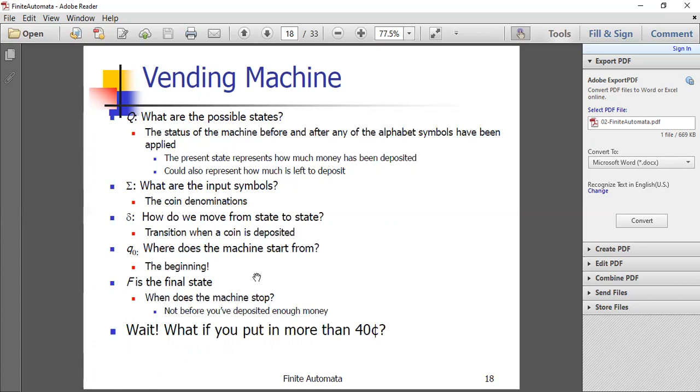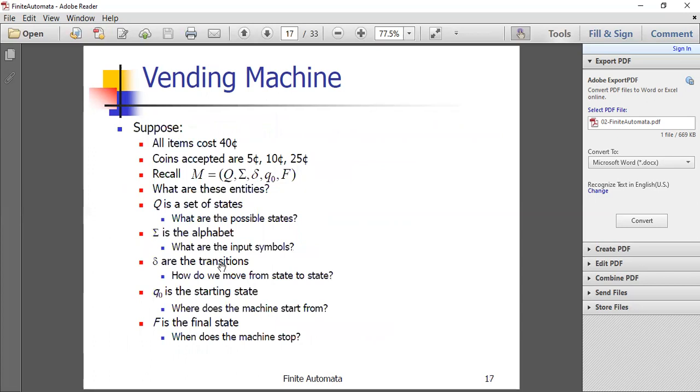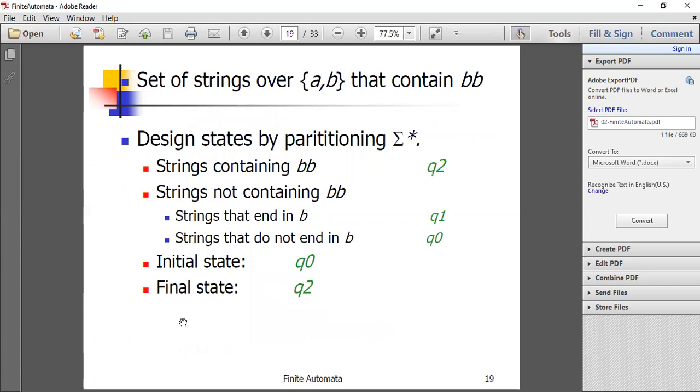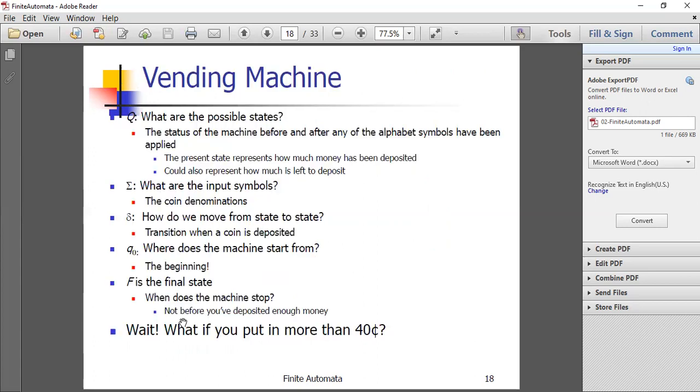The transition happens when a coin is deposited. Where does the machine start from? The beginning. F is the final state. When it reaches the 40 coins, then that is the final state. So if you have more than 40, then what is the situation?